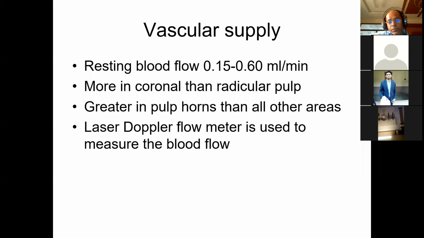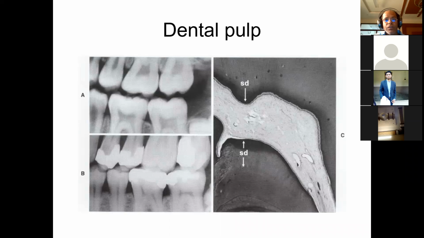A laser Doppler flow meter is used to measure blood flow, not the vitality test, which actually stimulates nerves. To check the blood supply of the pulp, we use laser Doppler flowmetry or an oximeter. That is the device to use.